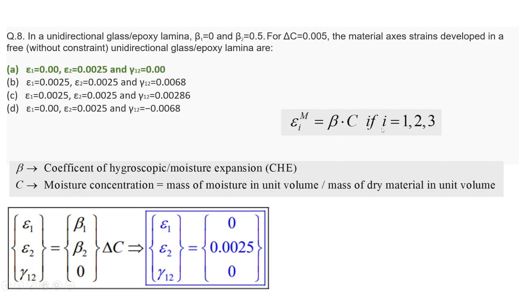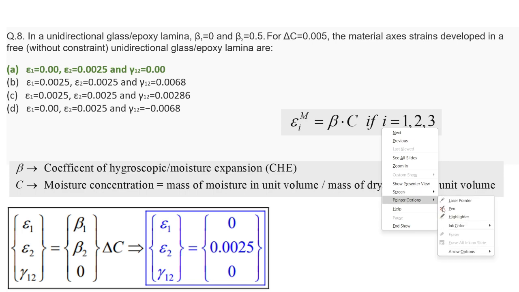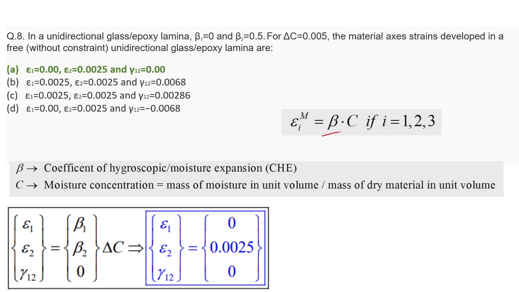So from this equation you can see we just have to multiply the value of beta and delta C. So beta value in direction 1 is equal to 0, in direction 2 is equal to 0.5, and for the shear strain, the value is not given, so we will consider it to be 0.